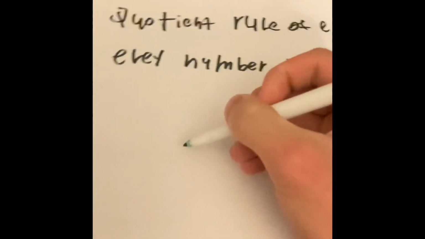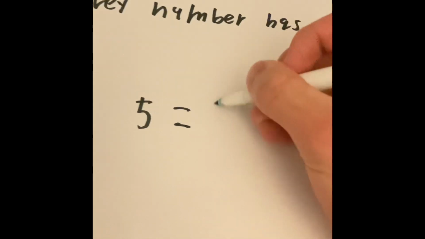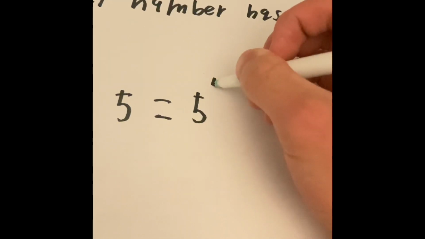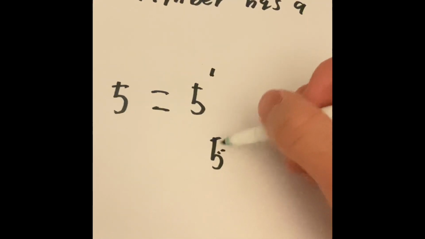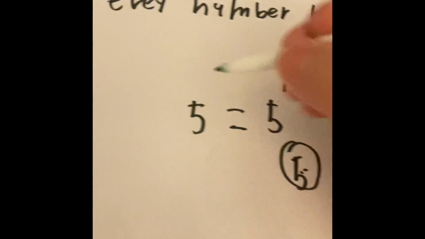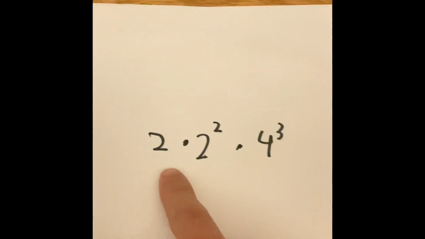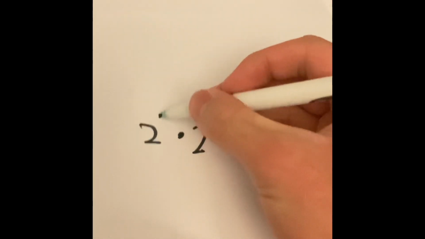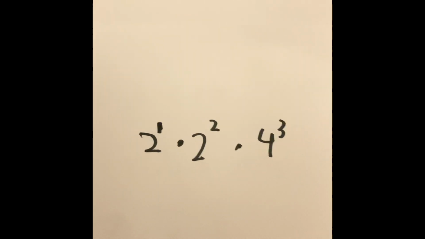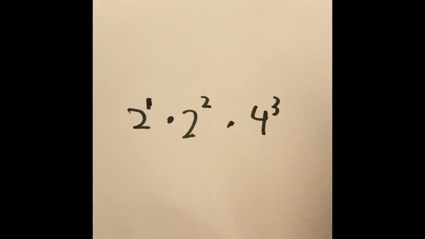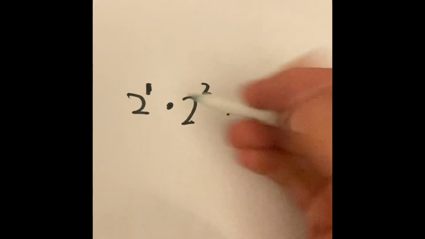If you have the number 5, for example, that is the same thing as saying 5 to the 1st power, because 5 times nothing is just itself. So when we have 2, we could say 2 to the power of 1. That makes it easier for us.